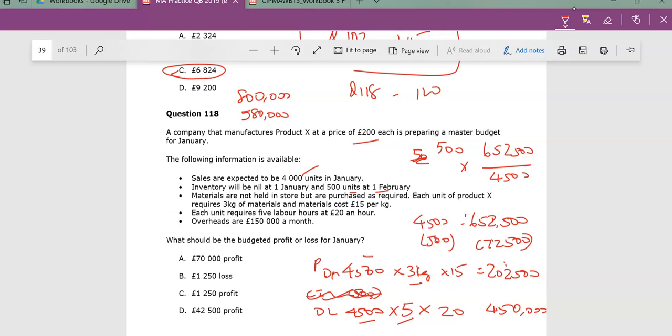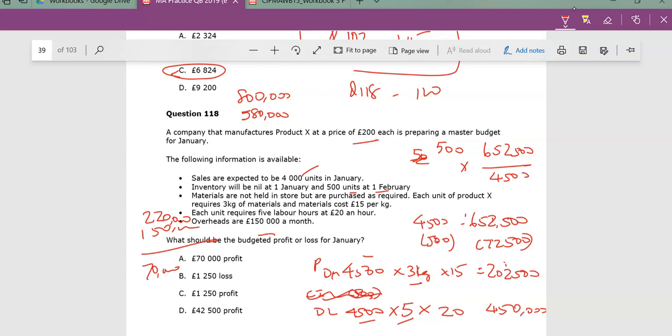So therefore, I have a profit, first of all, 800 minus 580, of 220, and then I take off the 150,000 because this is an overhead for the month, and that gives me £70,000 in profit.